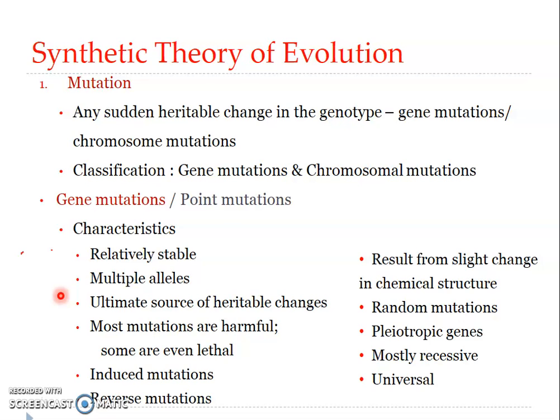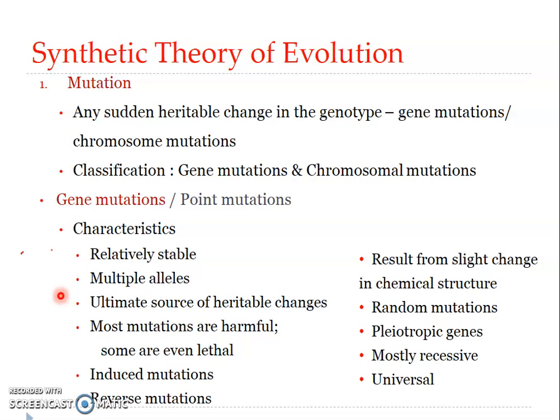You may have studied the glycolytic pathway, the Krebs cycle, etc. All these are multi-step processes, and each step is controlled by an enzyme. So if an enzyme undergoes modification because of gene mutations, these metabolic pathways and physiological processes can get affected.